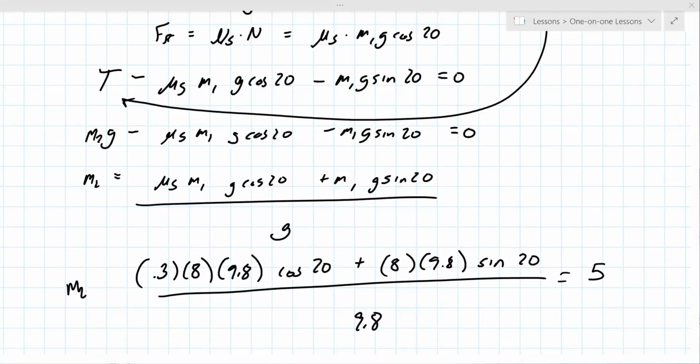It's a mass, so you can always go back to your SI units, which is kilograms. kg. That's funny. That's basically the same as M1.